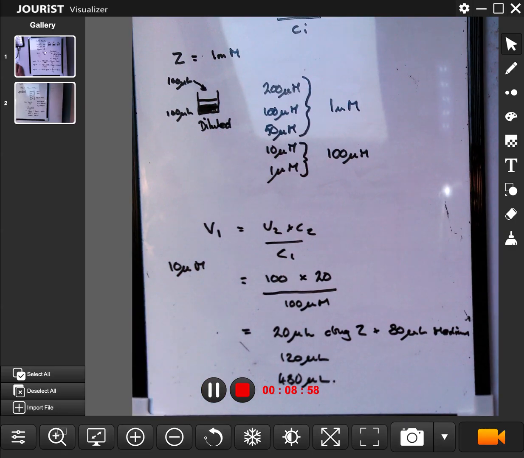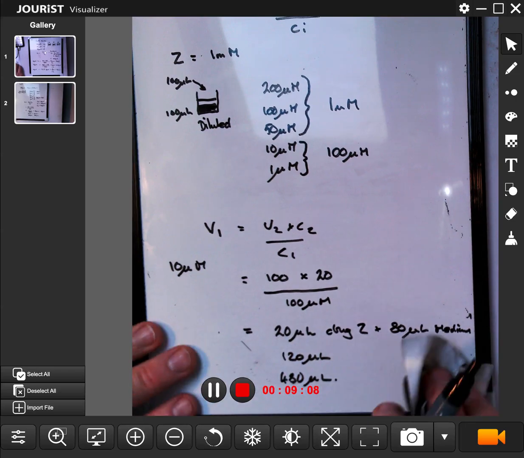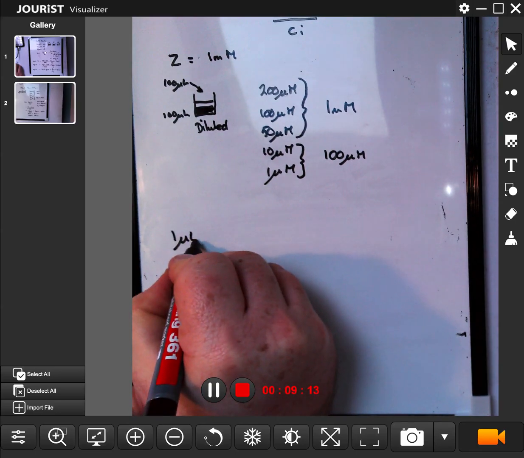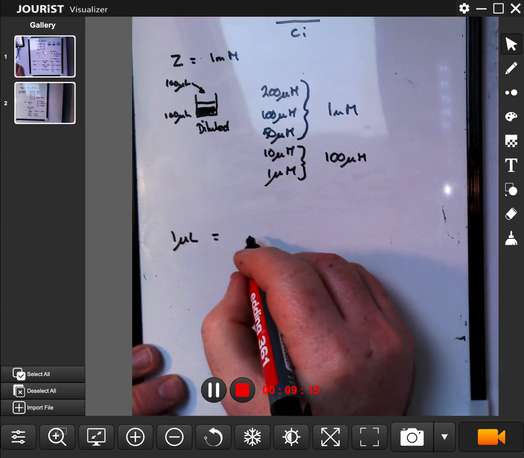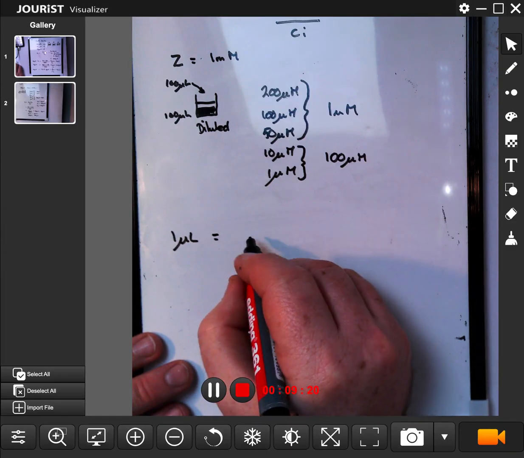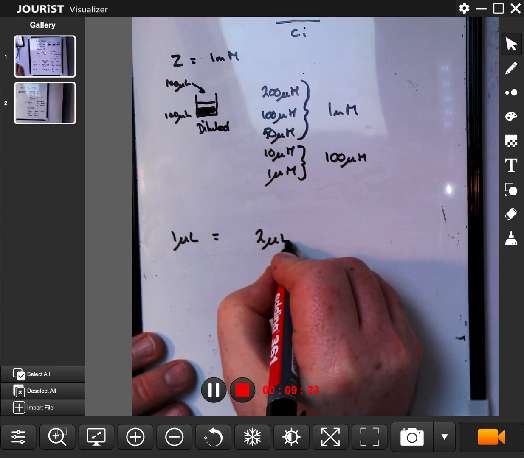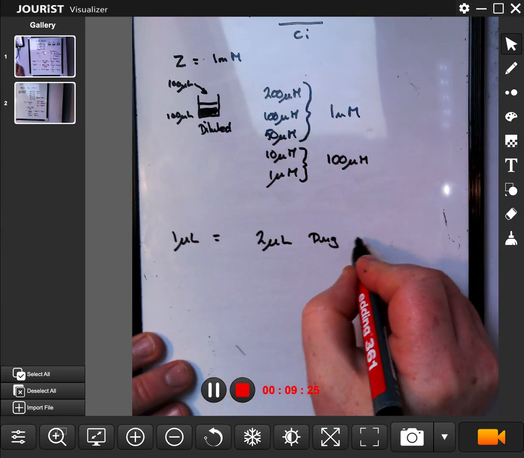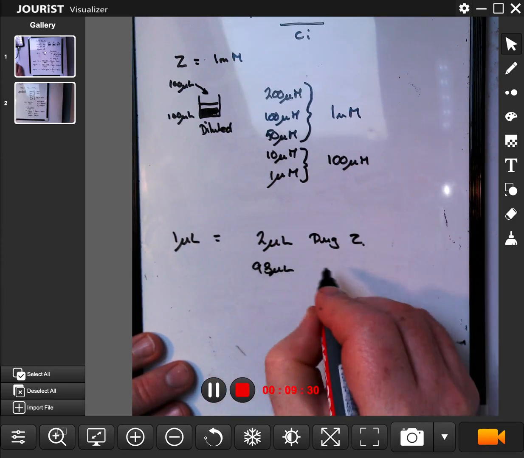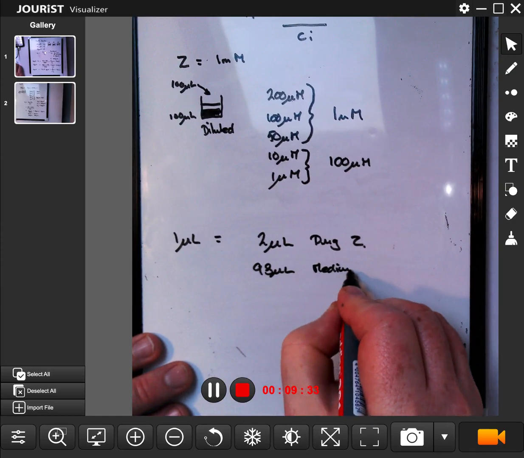Now the last one we're going to do is at 1. Well, we can run through the whole thing again, or we can just divide this by 10. The last one was 20, so that's going to be 2 microliters of drug Z and 98 microliters of medium, and times that by 6.